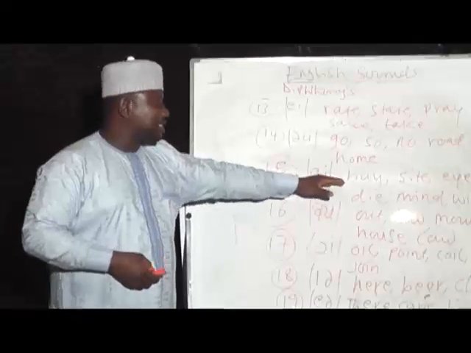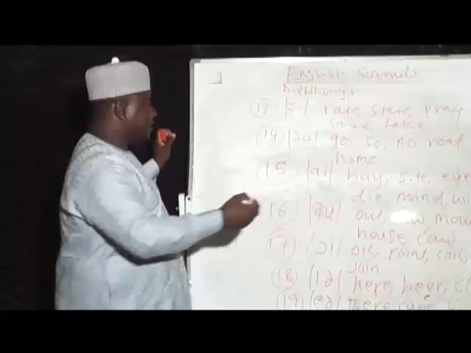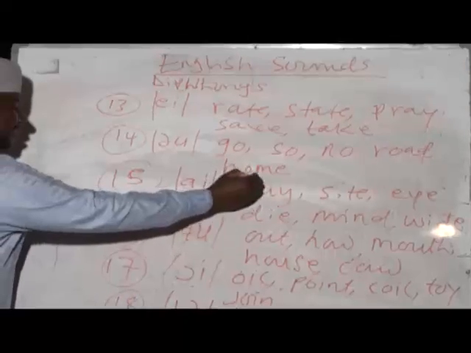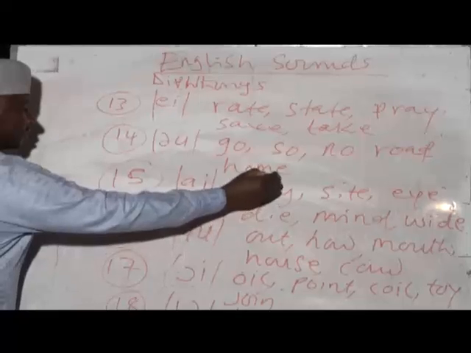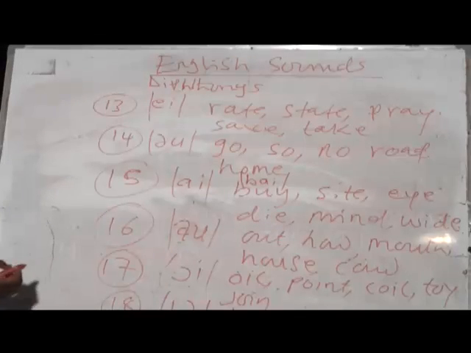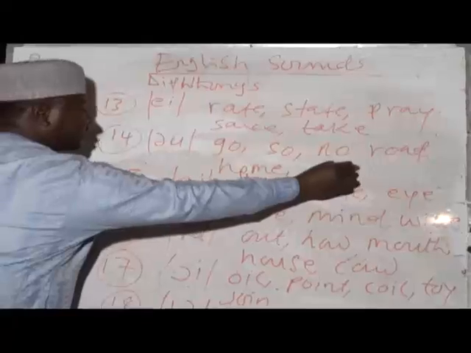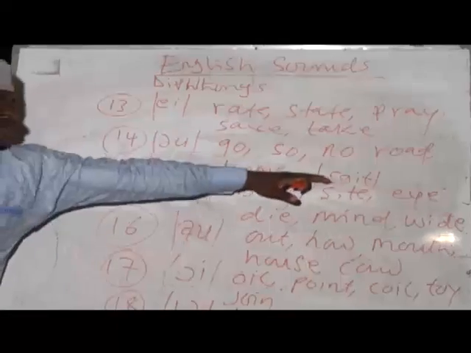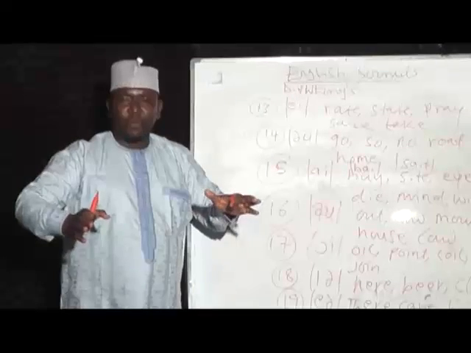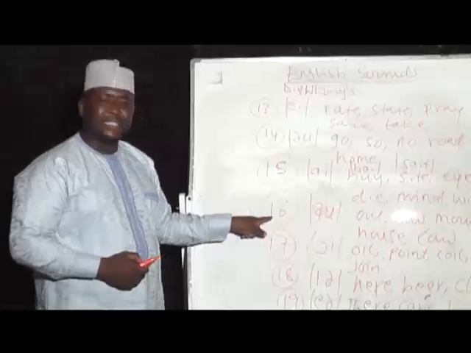So if they are to be transcribed, or if you are to find the transcription in the dictionary, you find something like this. Buy. If you want to see how a word is pronounced in the dictionary, you find it like this. Sight. So whatever you see like this in the dictionary, it is telling you that this is how the word is pronounced.